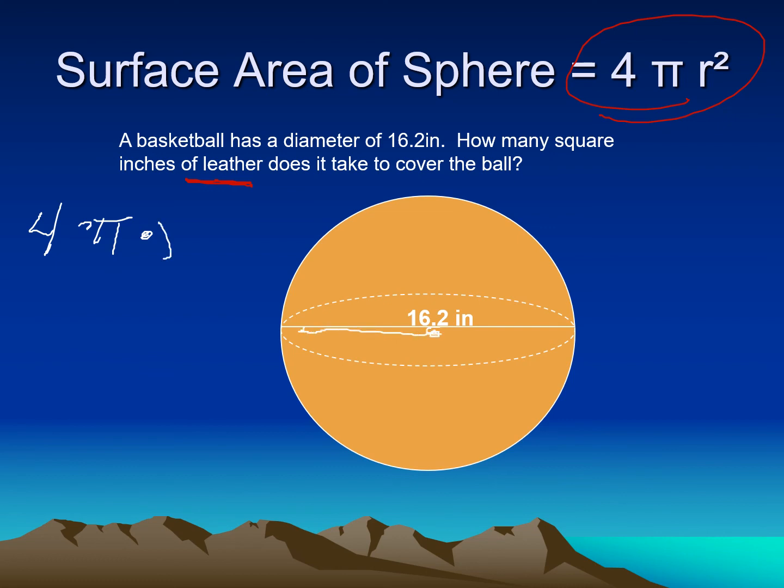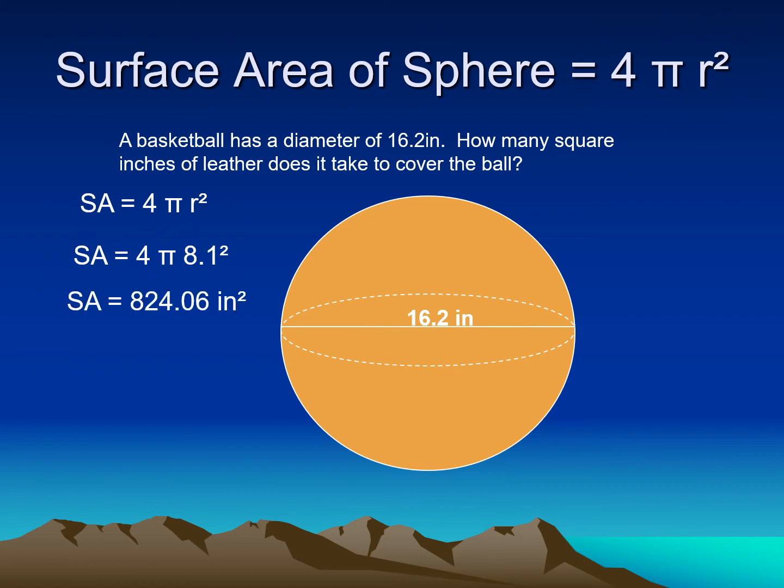It'd be 8.1 squared. I got it okay. And you get that 824 square inches of leather just to cover the surface, not including seams. Seams, just to sew it together, would probably be more.